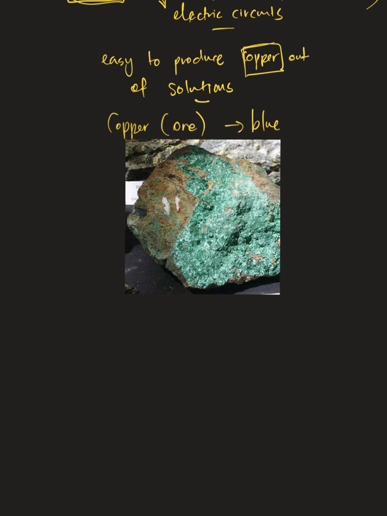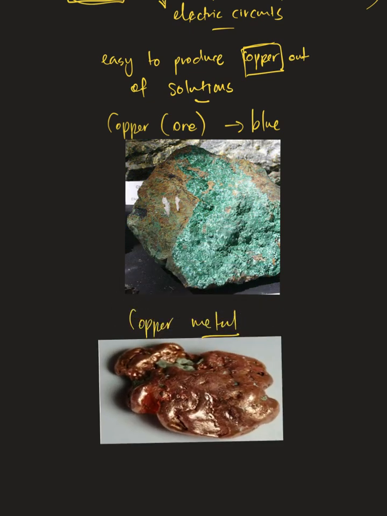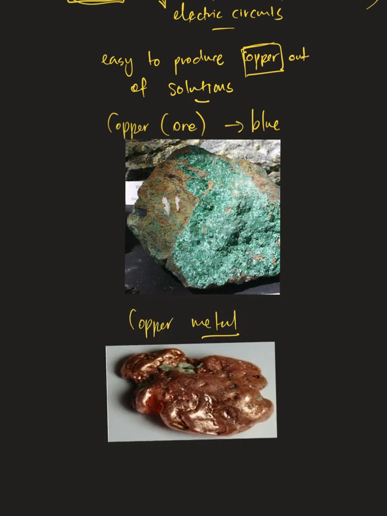I want copper metal, because it's easier to work with the metal itself. And what I actually want from the copper metal is to extract only what I can use. So I've got this blue crystal, but I want this brownish metal.